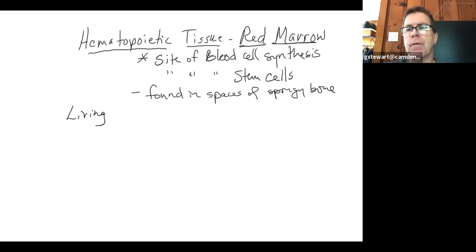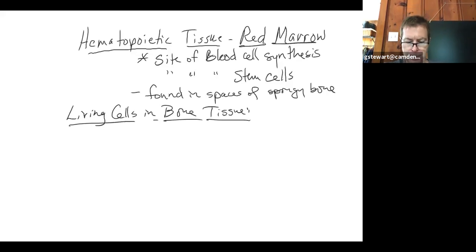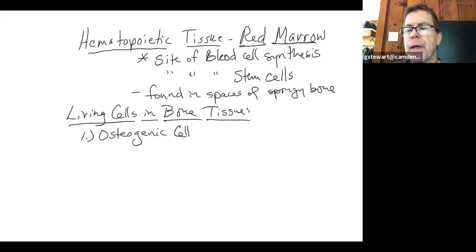Next header, I'm going to write living cells in bone tissue. I'm going to list them and describe them. Since we already talked about these, I'm going to list them first. Osteogenic cells. Some books will say osteoprogenitor cells.